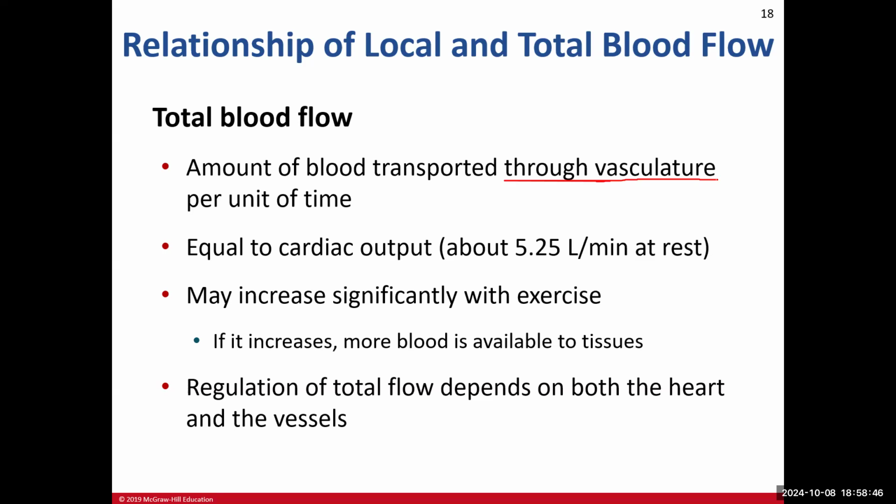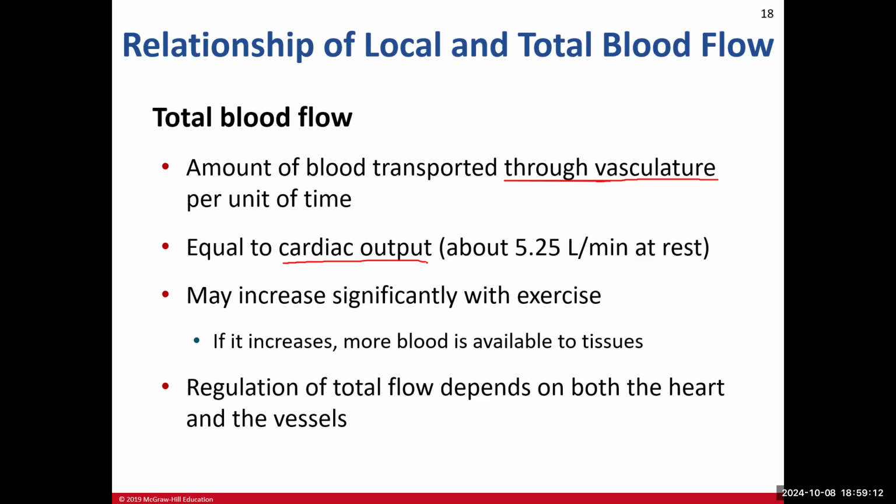So when we're talking about our total blood flow, this is what we want to see: our total blood flow equal to our cardiac output. Now, obviously, this is going to change depending on what your tissues are doing. If we're sitting here, it should roughly be about 5 liters per minute. If we start to exercise, that will change significantly because, just look at that equation, cardiac output equals heart rate times stroke volume.